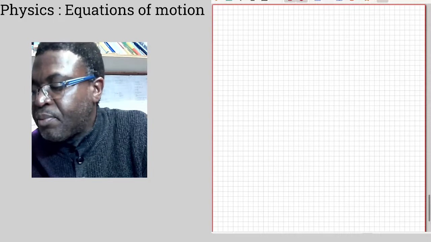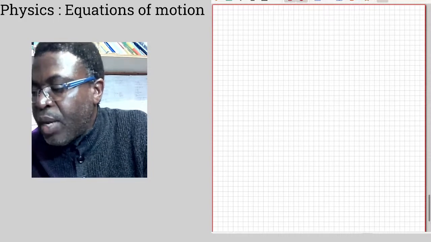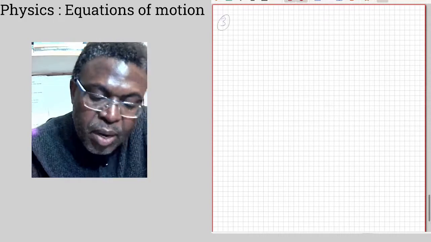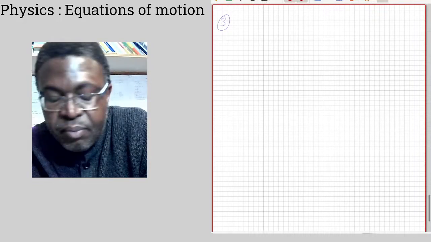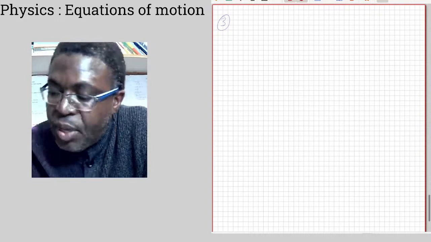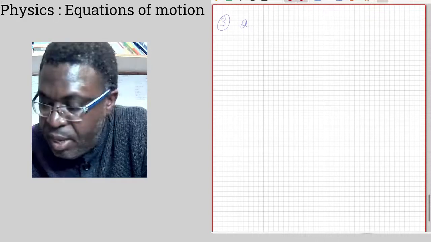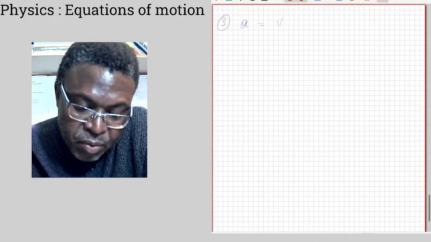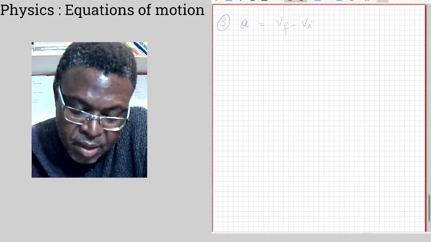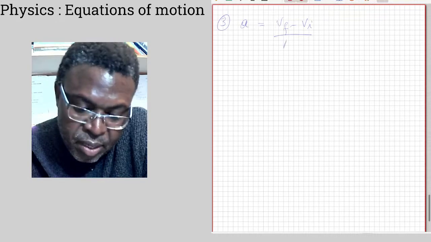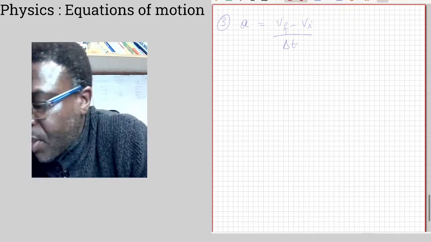Finally, we are working on the acceleration equation again. We know that A is equal to Vf minus Vi over change in t.